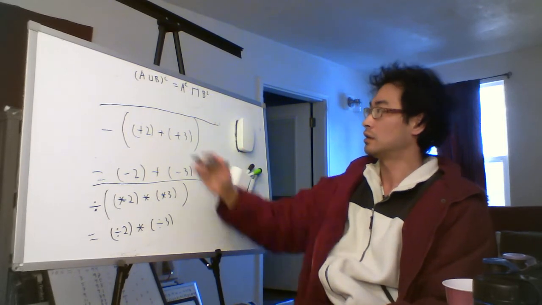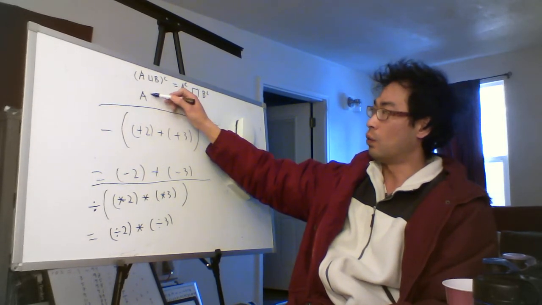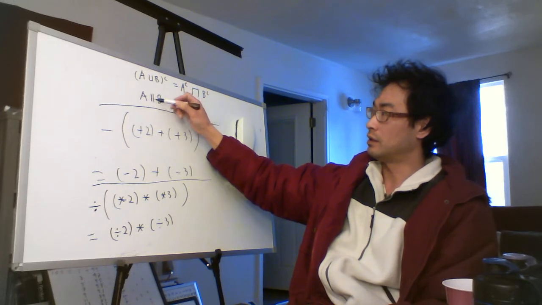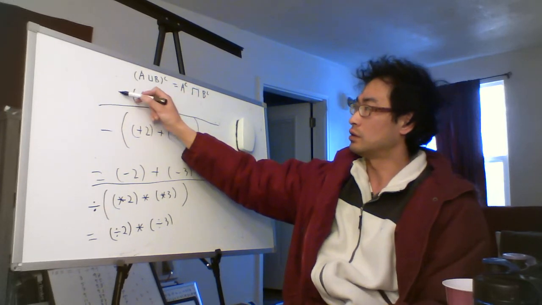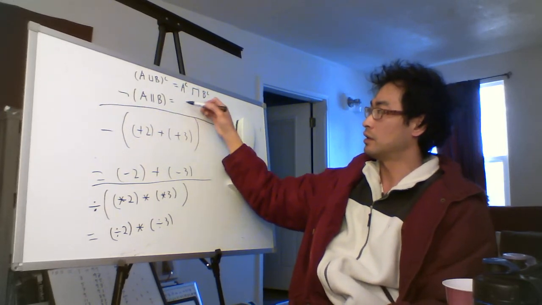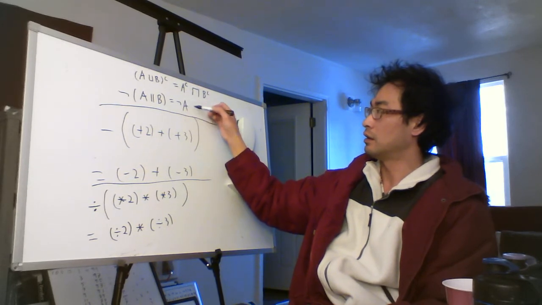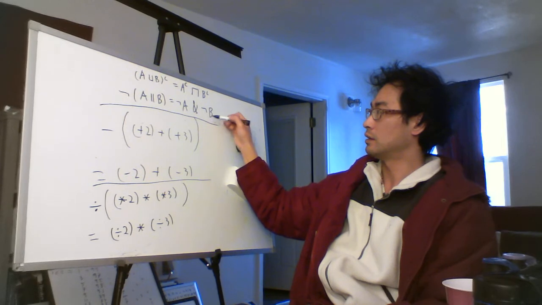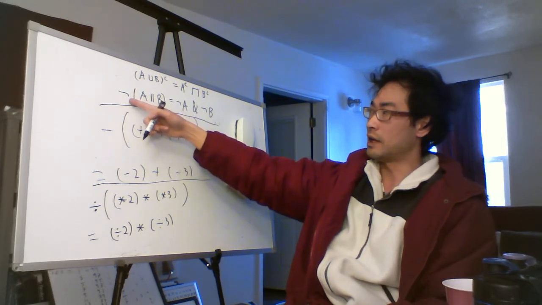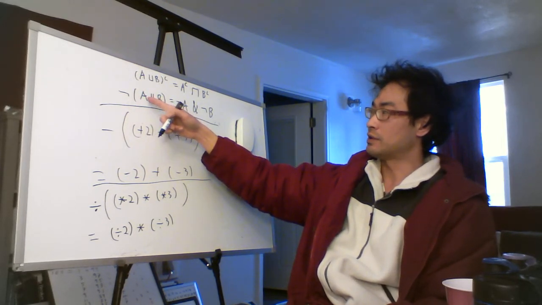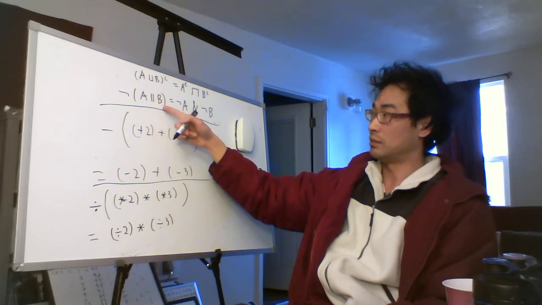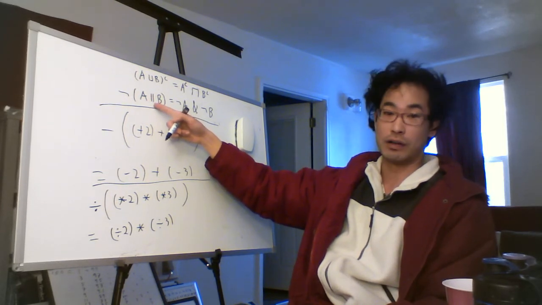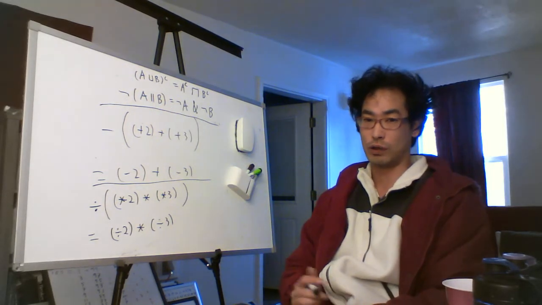Just like the logical negation of A or B becomes not A and not B. So this negation flips the sign of individual elements and also the operator as well. So that's De Morgan's law.